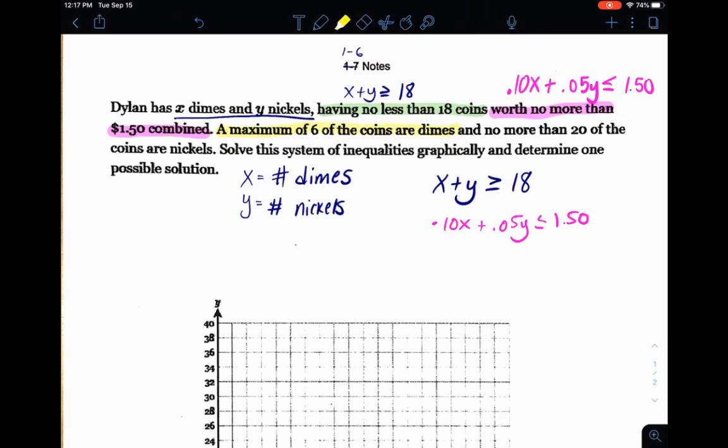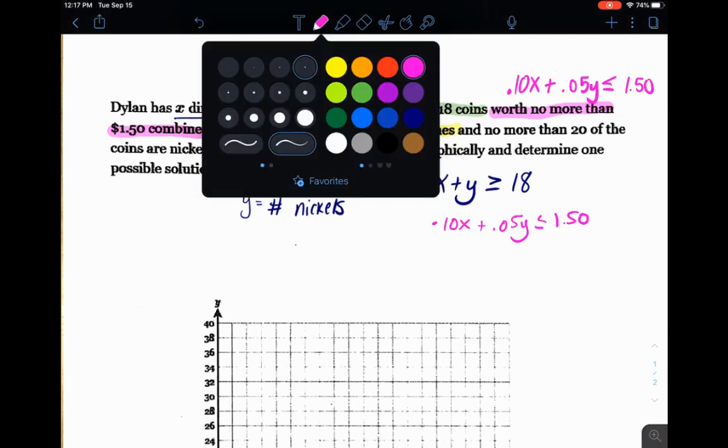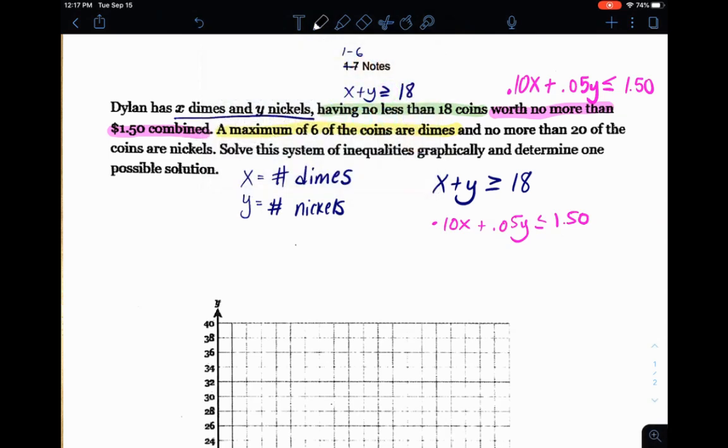Then it says a maximum of 6 of the coins are dimes. Which variable is talking about dimes?